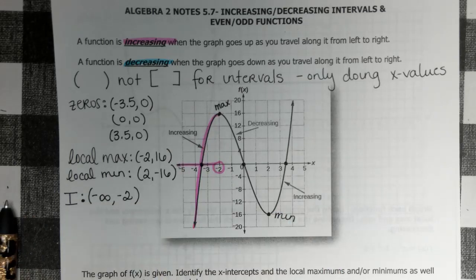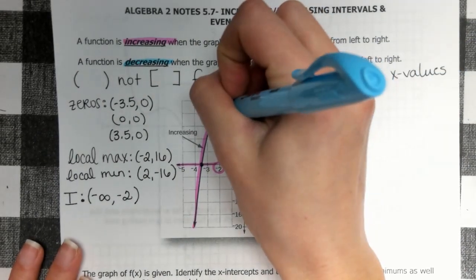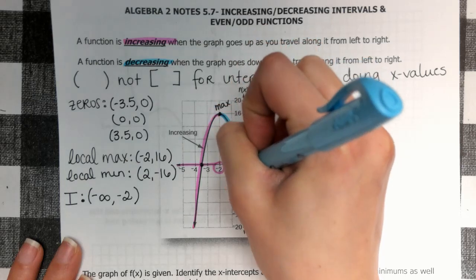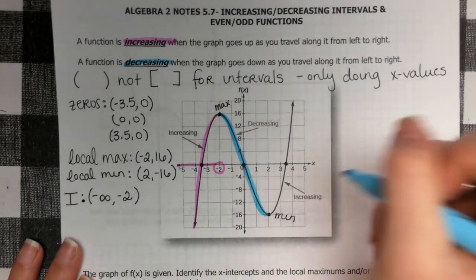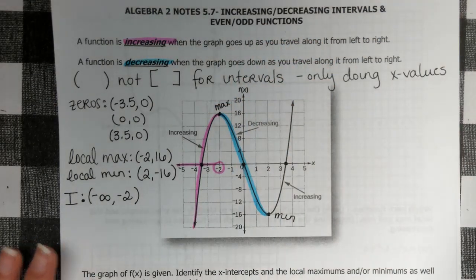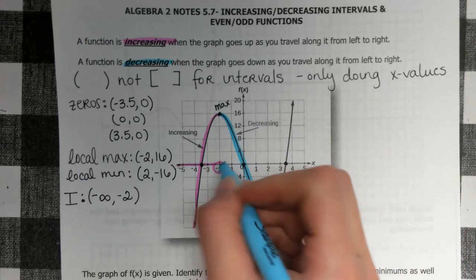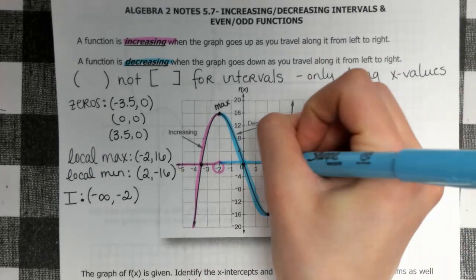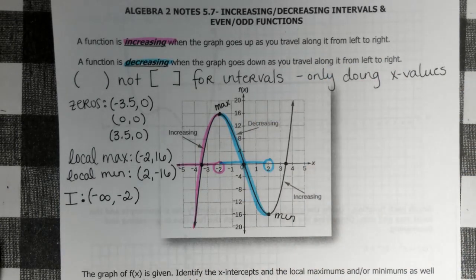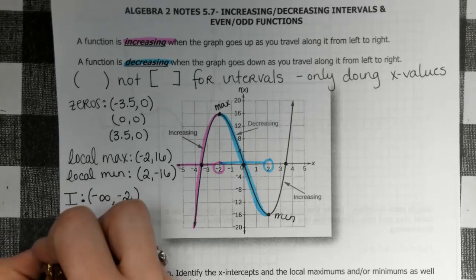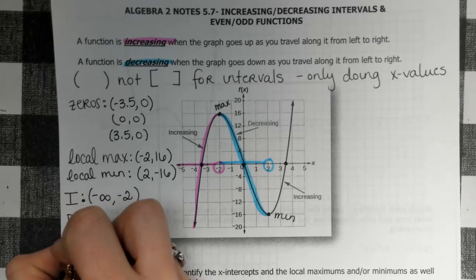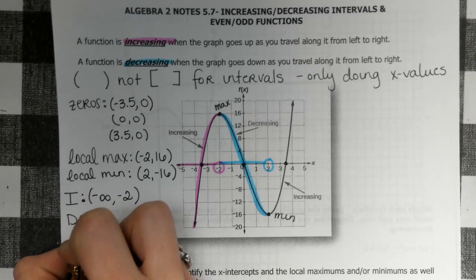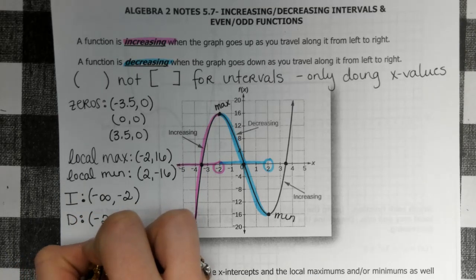Then, once I hit that maximum, I come back and I decrease until I hit my minimum. So then I'm decreasing from negative 2 to that point at 2. Okay, so for decreasing, I'm decreasing from my x values, negative 2 to positive 2.